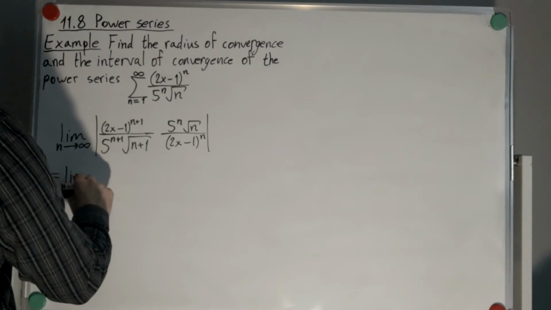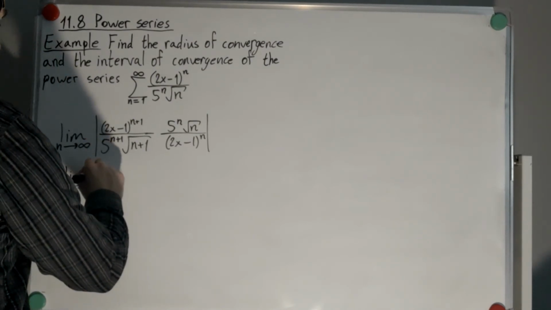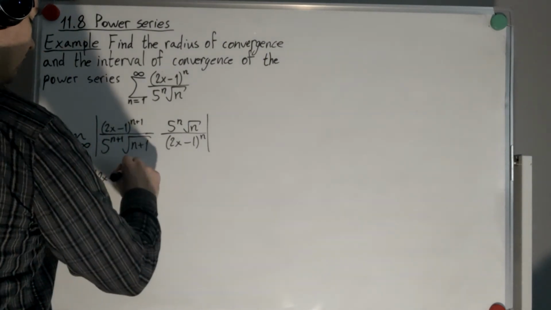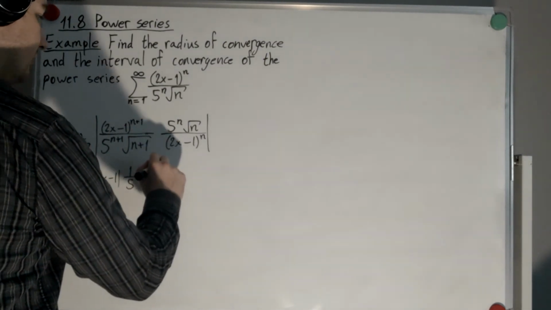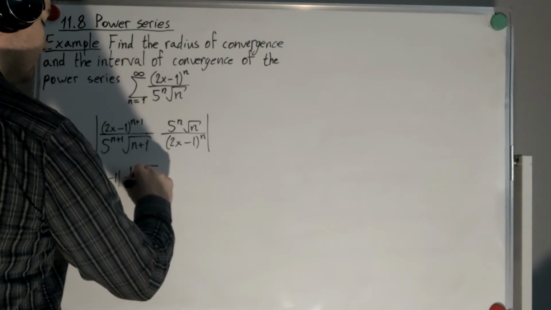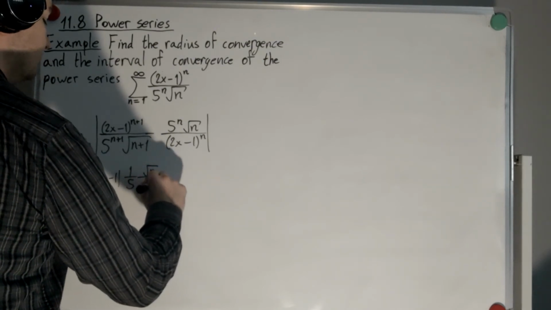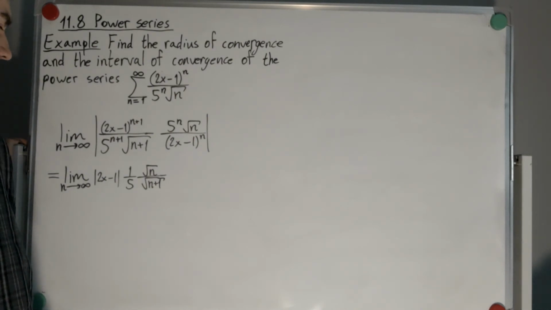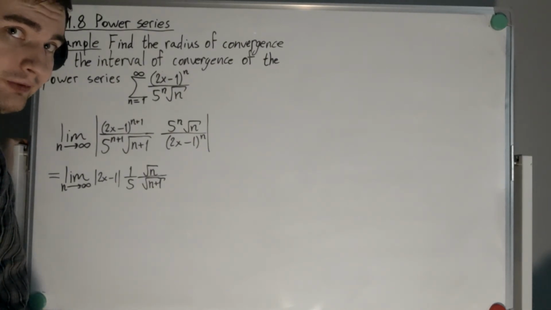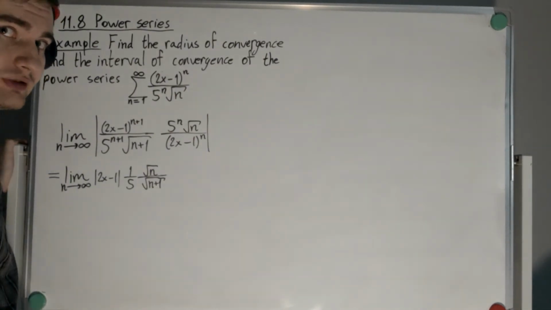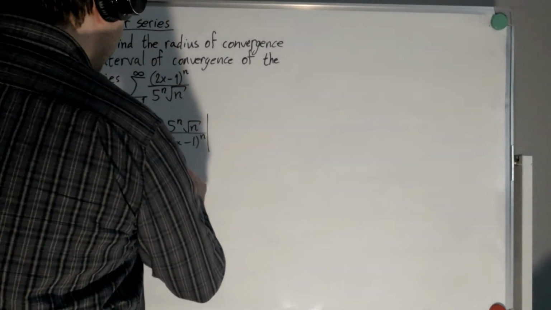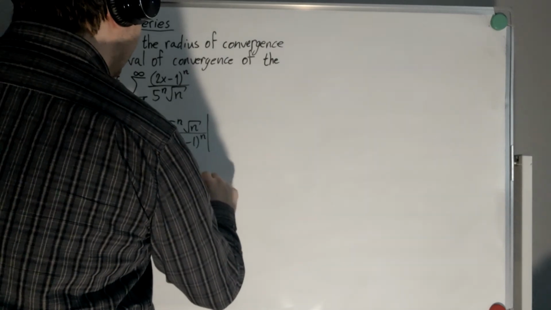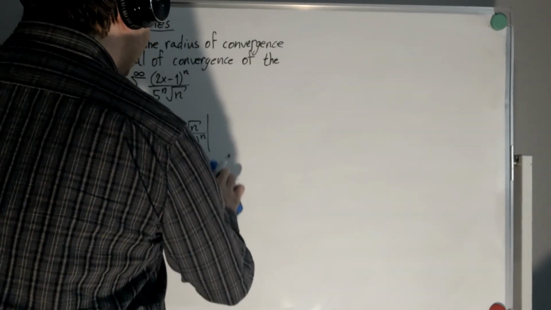So this is the limit as n approaches infinity of the absolute value of 2x minus 1 multiplied by 1 over 5 multiplied by the square root of n divided by the square root of n plus 1. Now, as n approaches infinity, of course, the square root of n divided by the square root of n plus 1 approaches 1. So this now becomes 1/5 times the absolute value of 2x minus 1.